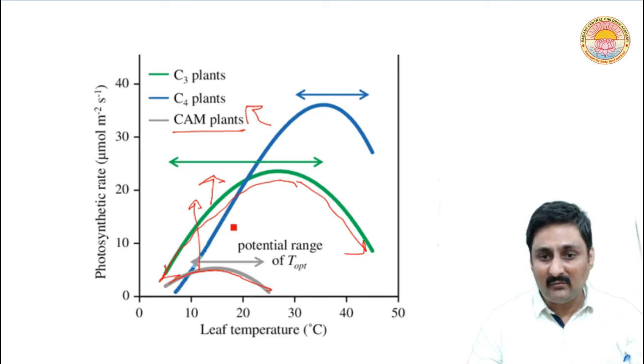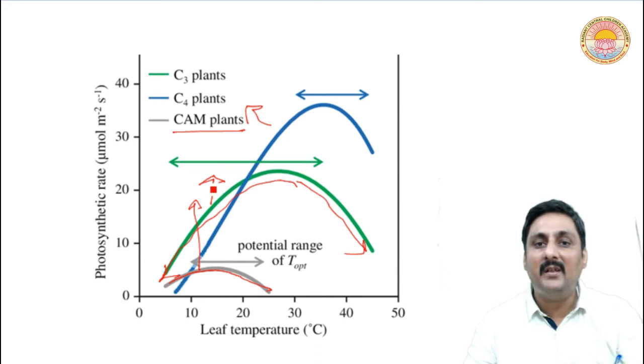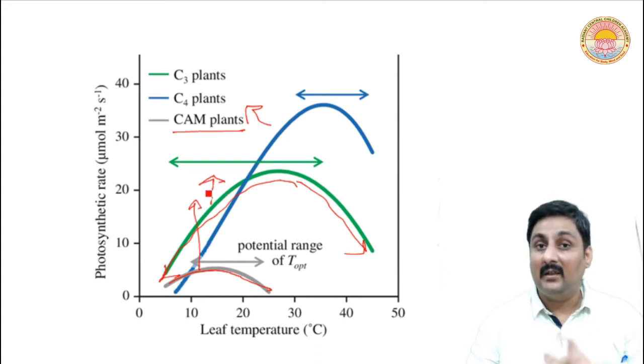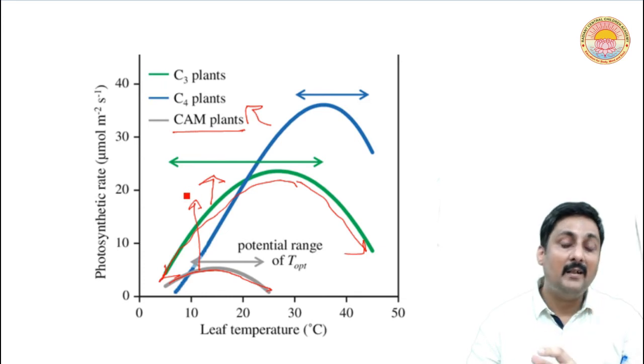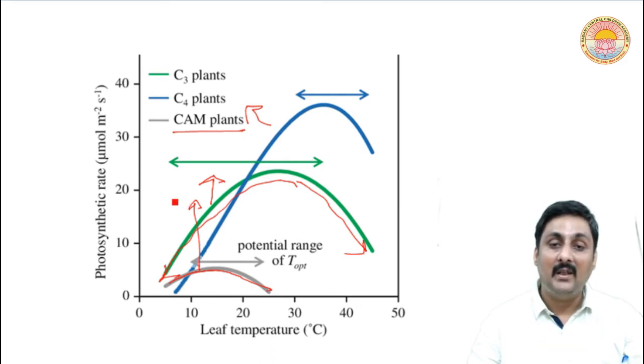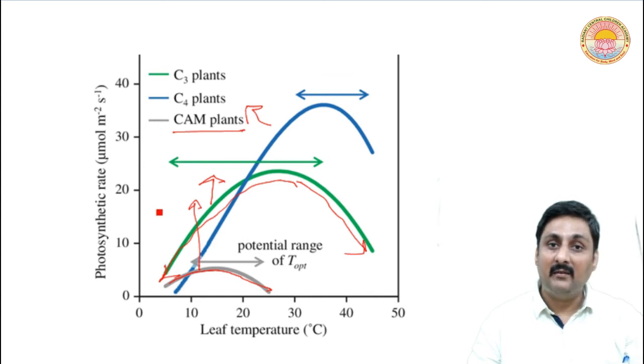Now in case of C4 plant, even if you increase the temperature beyond 30 degrees centigrade, the rate of photosynthesis will increase. The reason is that all the enzymes are located very deep inside the bundle sheath cells in case of C4 plants. In C3 plants, all the Calvin cycle enzymes are present in the mesophyll cells which are in direct contact with the air.